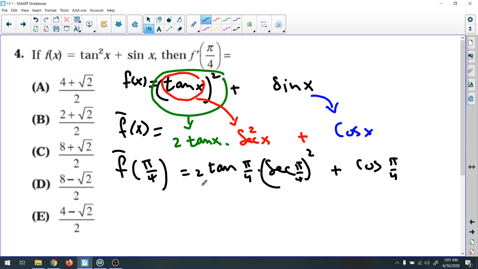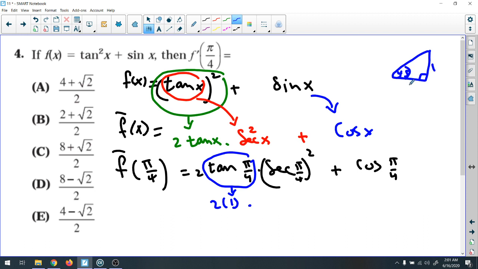Okay. Pi over 4 is actually 45 degrees. Tangent of 45 degrees is 1. So it is 1 times 2 times secant of 45. You know, 45 degrees is a right isosceles triangle.